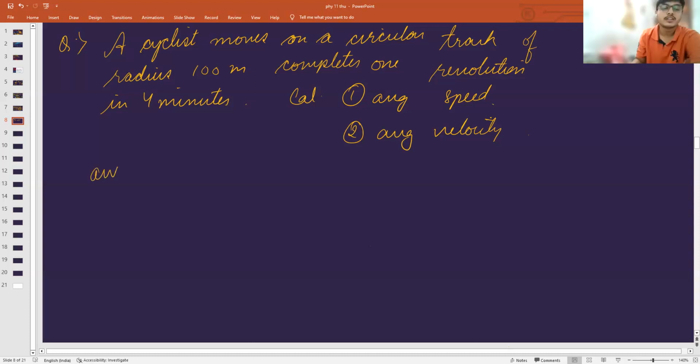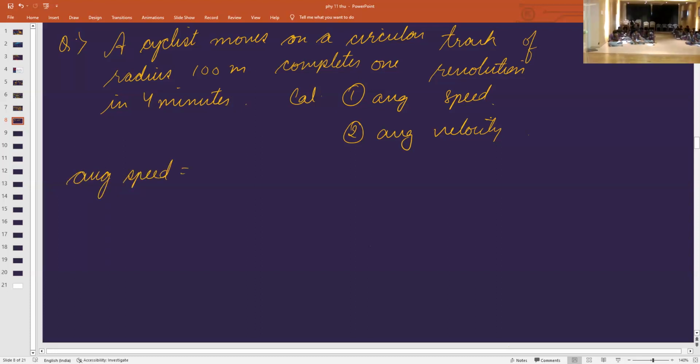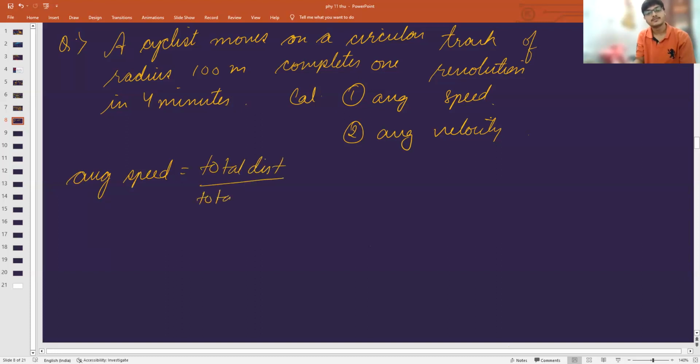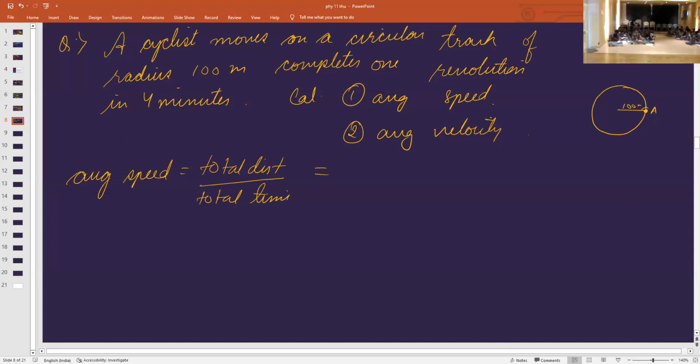So what is average speed? Total distance by total time. Exactly. And what is total distance? He traveled a circular track of radius 100 meters. He completed one revolution, so he started and ended at the same point.